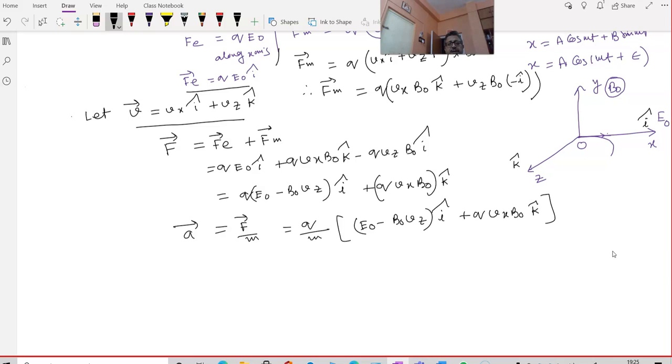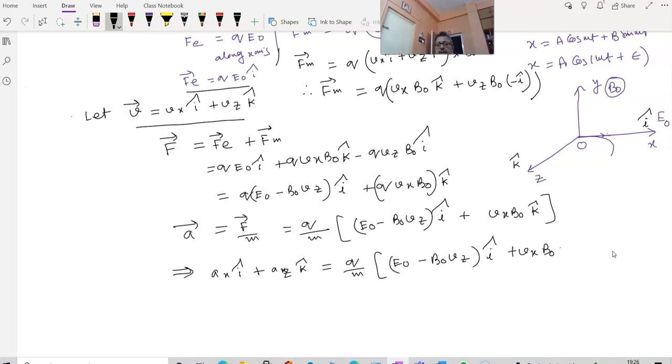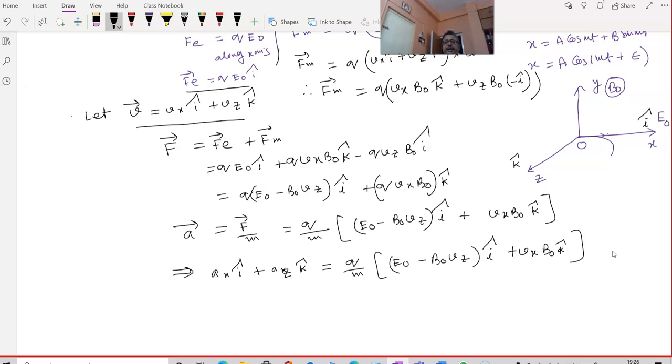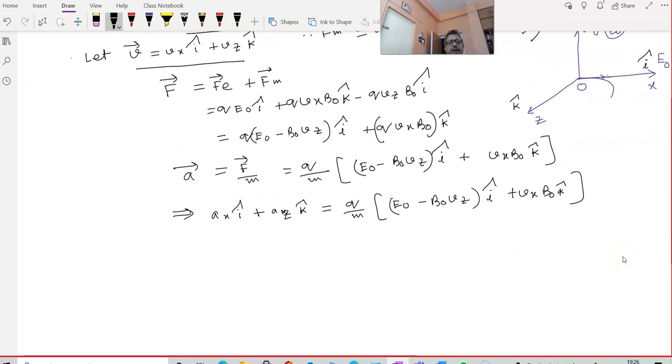This acceleration vector has only I and K components, so you can write Ax I plus Az K equal to Q by M into E0 minus B0 Vz I cap plus Vx B0 K cap. Q won't be there by mistake.